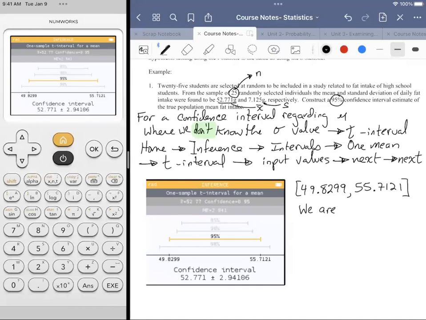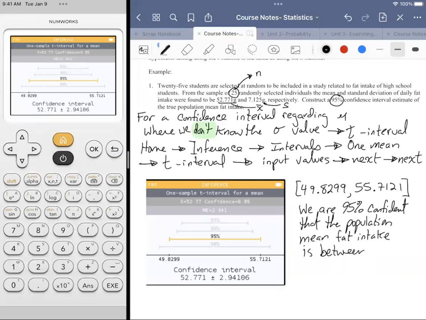So we are 95% confident that the population mean, and just a very quick description of what we're talking about, it's fat intake, is between these two numbers, but in terms of grams: 49.8299 grams and 55.7121 grams.